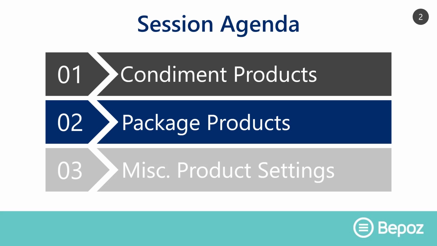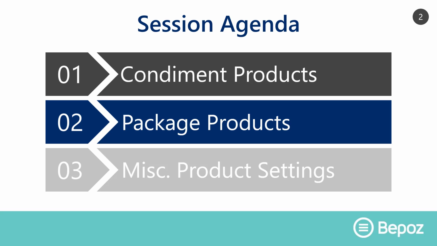Before we kick off in back office though, let me just quickly explain what I mean by condiments or these modifiers in BPOS. So condiments, as I'll refer to them from now on, are options for a product that operators at the till will be prompted for every time a product is sold that has the condiments assigned to it. We can configure the condiments in a number of ways.